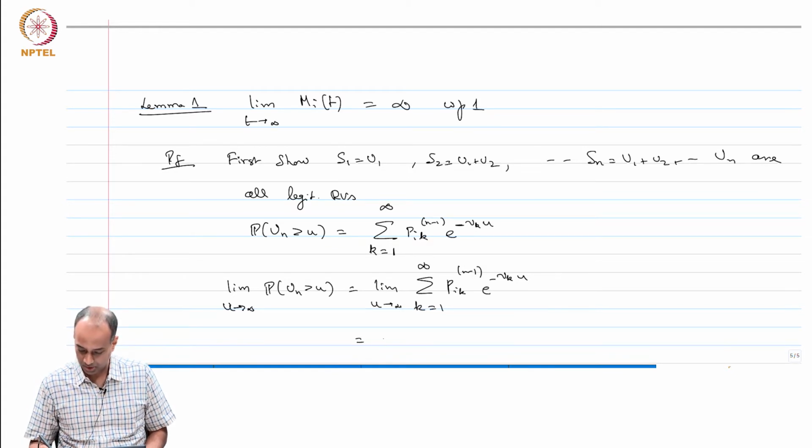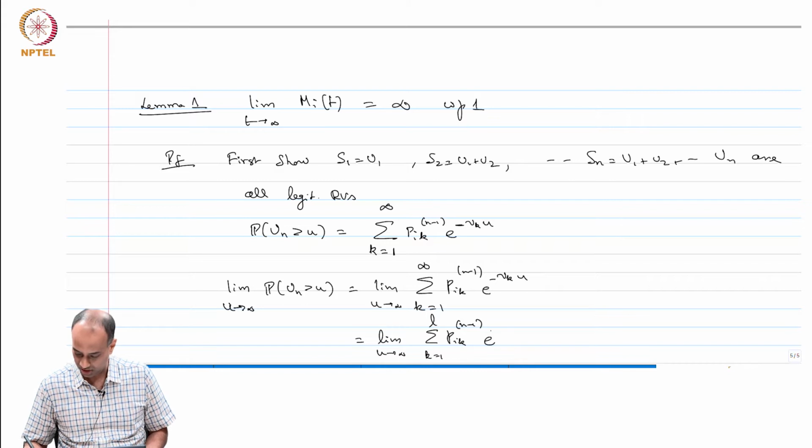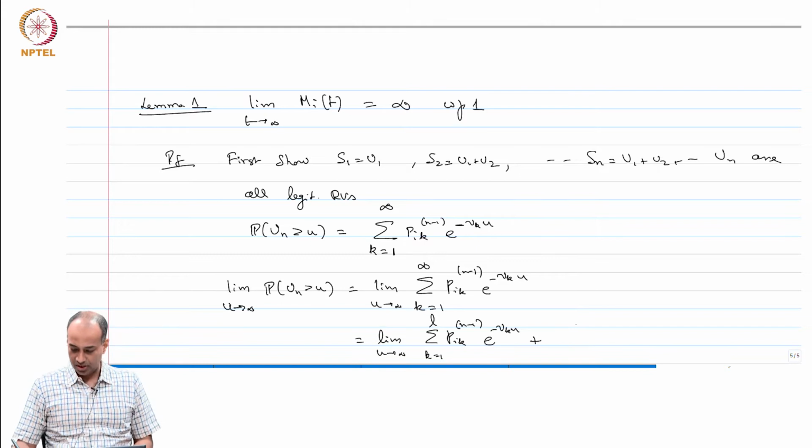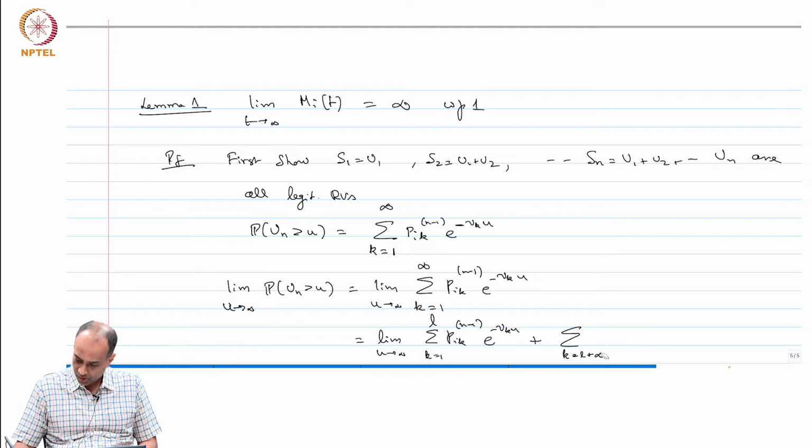I can sum to some finite limit: limit as u tends to infinity, sum over k equals 1 to L of p_{i,k}(n minus 1) e to the minus nu_k u, plus the rest of the sum from L plus 1 to infinity of p_{i,k}(n minus 1) times e to the minus nu_k u.